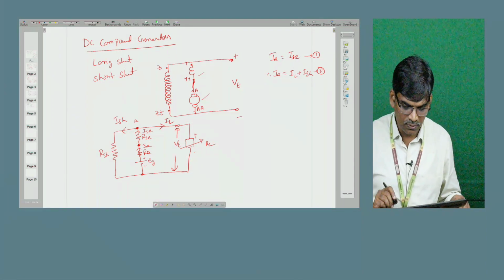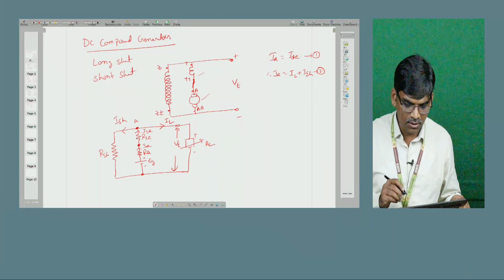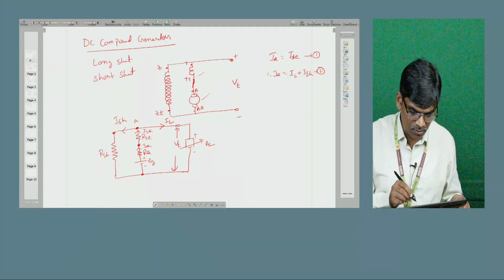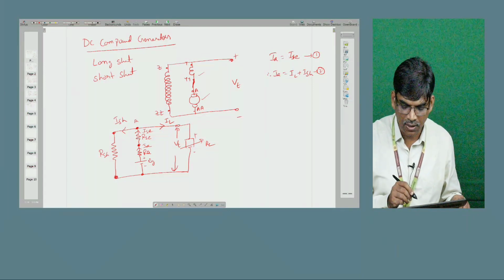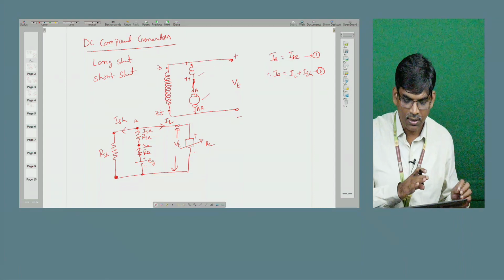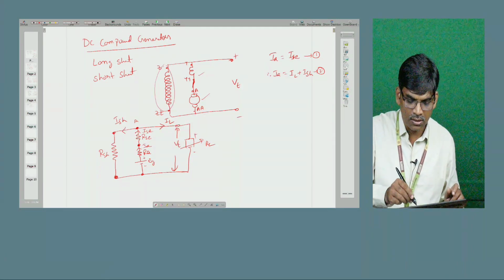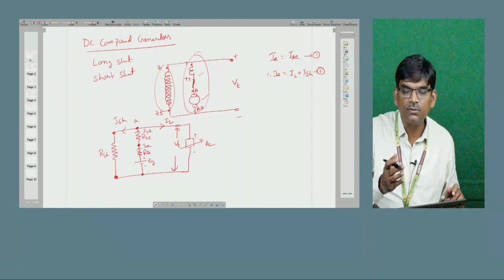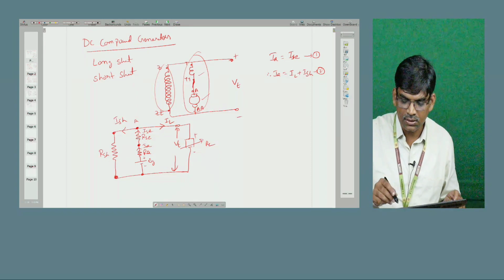Now, how to calculate the RSH value? What is the voltage across the shunt field winding? This branch and this branch are connected in parallel across VT, so the voltage across the shunt field winding is VT.